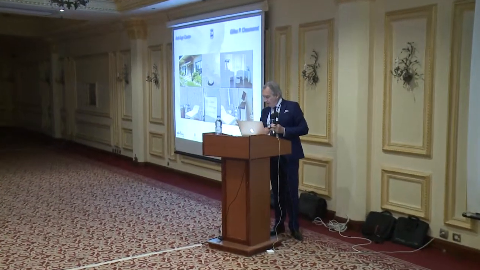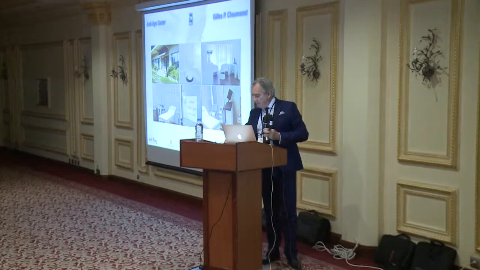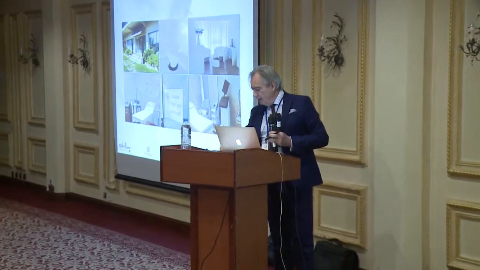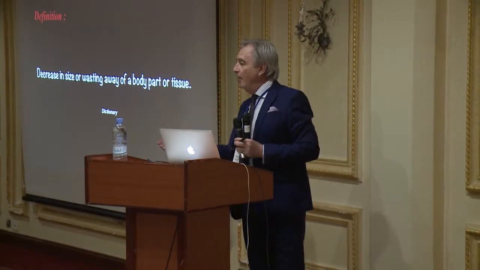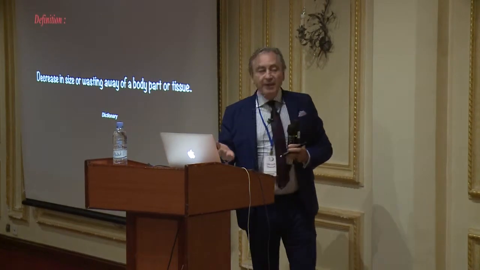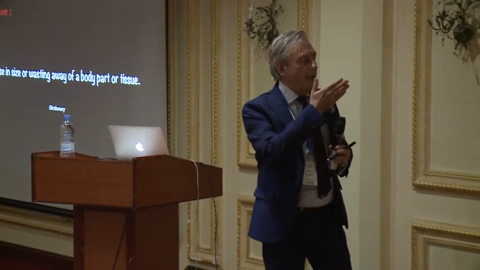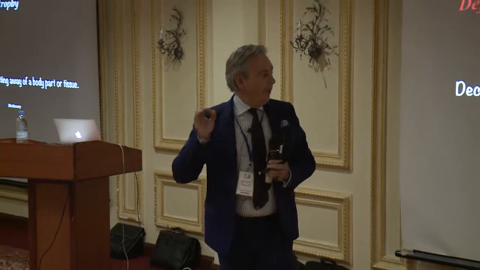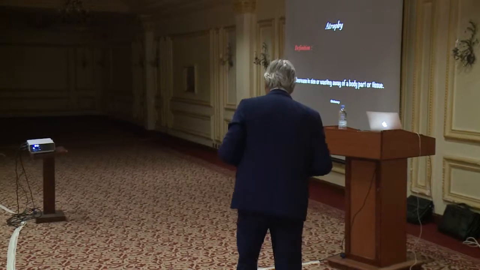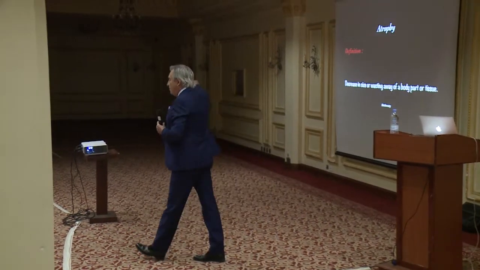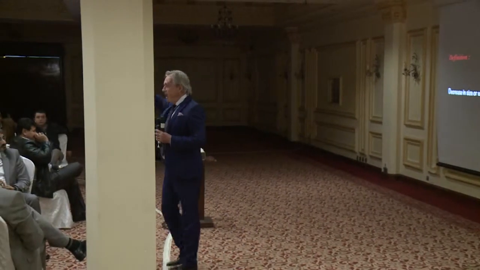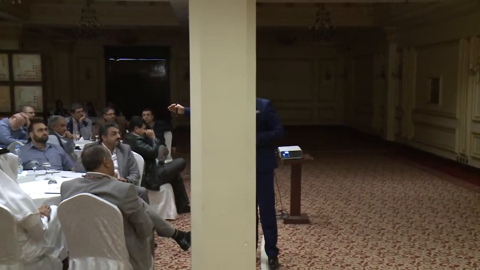So, the title was the placement of implants in atrophic regions. And what is the definition of atrophy? Atrophy is a decrease in size or wasting away of a body part or tissue. That means that, of course, we know all the procedures of grafting, of gaining tissues.